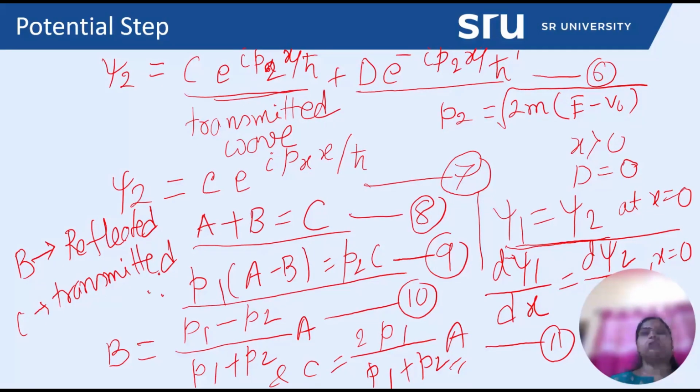So now if we define the reflectance and transmittance of the potential discontinuity, we can write it this way. Reflectance R is basically the magnitude of the reflected current with respect to the incident current.